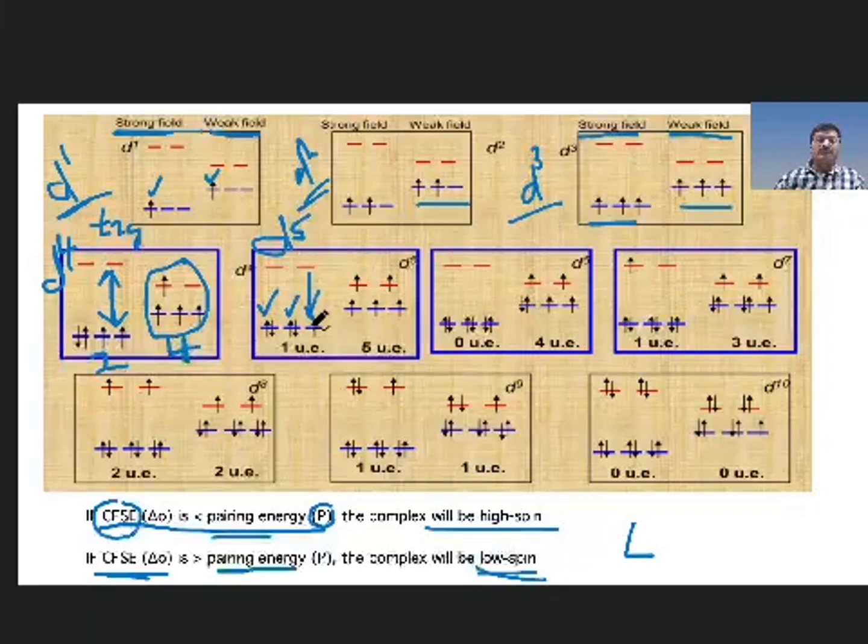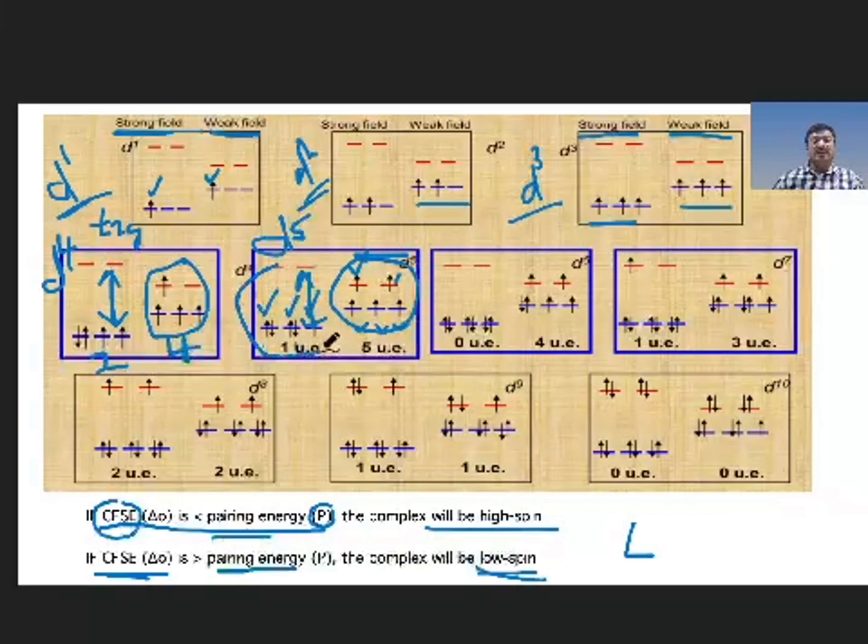And when you come to the fourth one, when it has the more delta value, the fourth electron also goes to t2g, and the fifth electron also goes to t2g. And in the case of the high spin compounds, the first three electrons will go to t2g, and the fourth electron will go to eg because the delta value is less and the pairing energy is more. That's why the fourth electron will go to eg, and the fifth electron will also go to eg. That means in this case, the electronic configuration is t2g3 eg2.